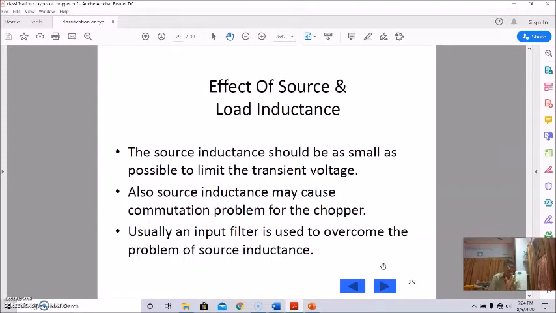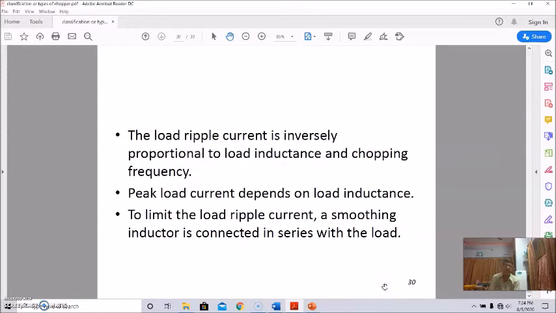Source inductance may also cause commutation problems for the chopper, and usually an input filter is used to overcome it. Secondly, the load ripple current is inversely proportional to the load inductance and chopping frequency, and the peak load current depends on the load inductance itself.